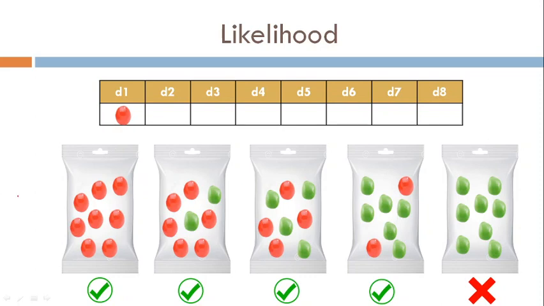Coming to the second data, two cherries, so all first four H1, H2, H3, H4 are likely. Data 3 is also cherry, so the fourth one is wrong because it contains only two cherry candies. So H1, H2, H3 are true. D4 is also cherry, so the first three are true.